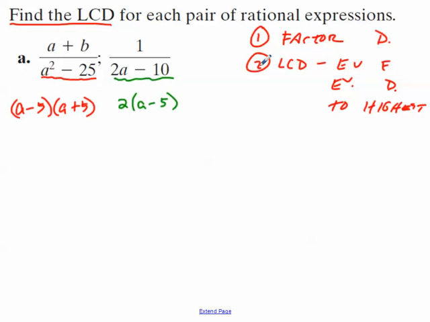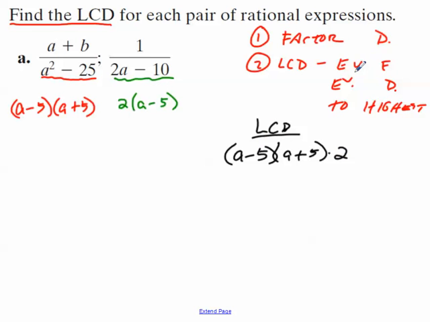We've factored our denominator. Step number two, we've got to find our lowest common denominator. The lowest common denominator includes every single factor from every denominator to the highest power. So let's list the factors. A minus 5 is a factor. A plus 5 is a factor. And 2 is a factor. And a minus 5 is a factor, but we've got it listed here already.